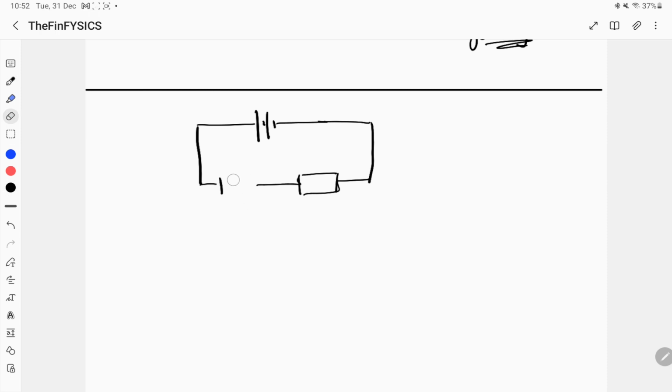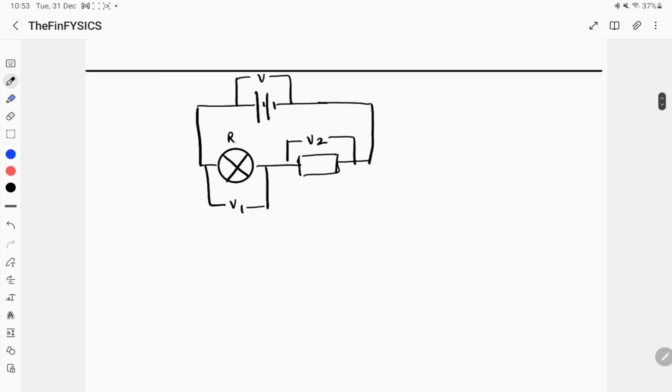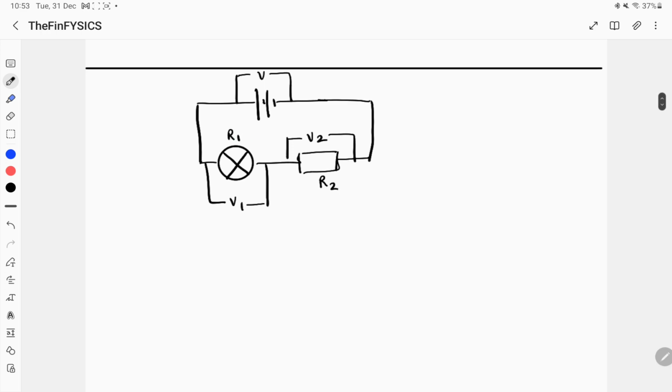Let's assume I need to control the voltage across a bulb, because for a bulb it's very easy, you keep replacing the bulb. This is capital V. This bulb needs a voltage V1, that is the normal working voltage. So the excess voltage goes here. The resistance of this bulb is R1, and the resistance of the resistor is R2.